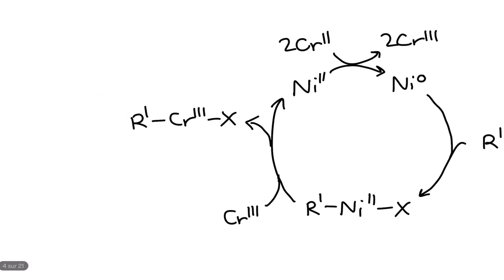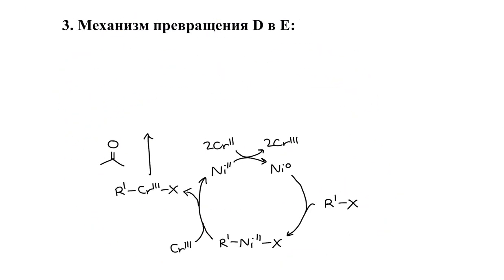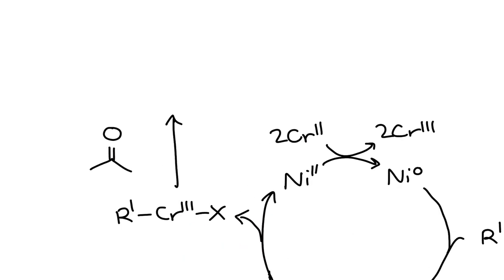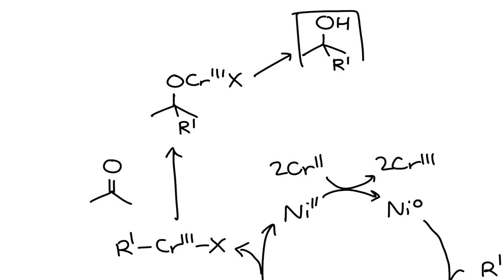And then this reagent just reacts with our carbonyl, let's say an acetone right there, to give us our product, which will be something like that. And then after workup, you get our product.